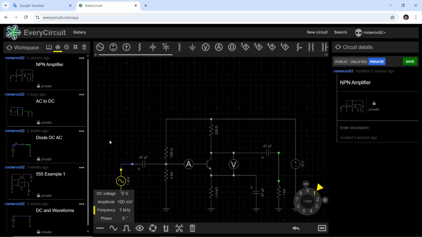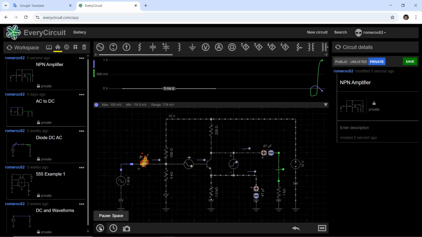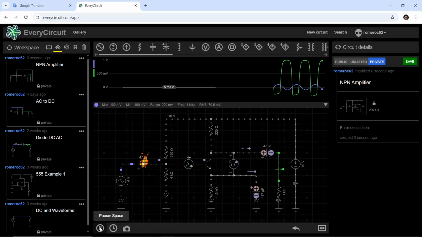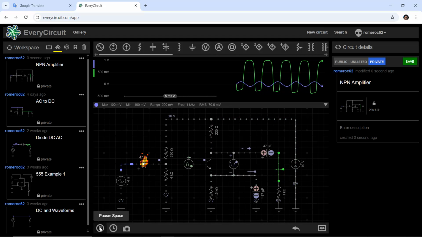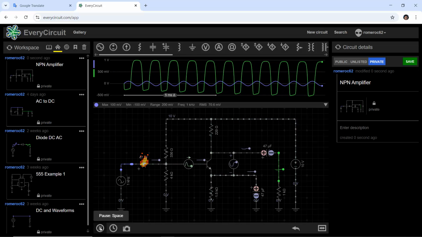Click on workspace and run time domain simulation. Wait a minute.